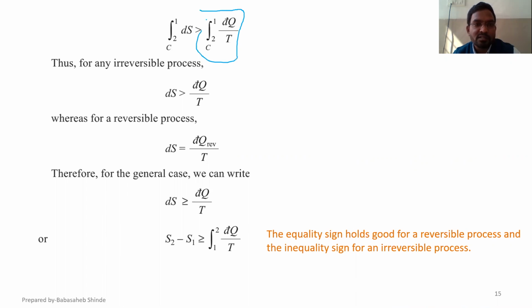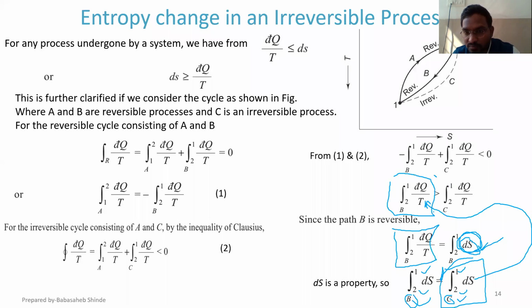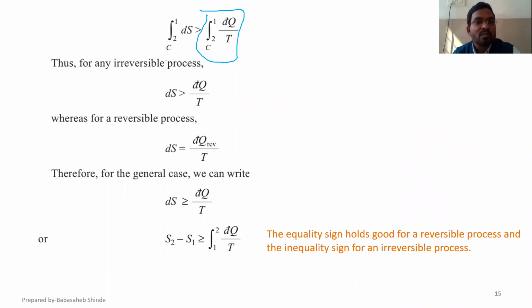This right hand side is the same as this one, integral 2 to 1 along C of dq by T, and this left hand side has been replaced by integral 2 to 1 along C of dS. Now this is also for path C, for 2 to 1. So dq by T is less than dS. So I can say that for any irreversible process, this integral of dq by T is always less than the change in entropy.